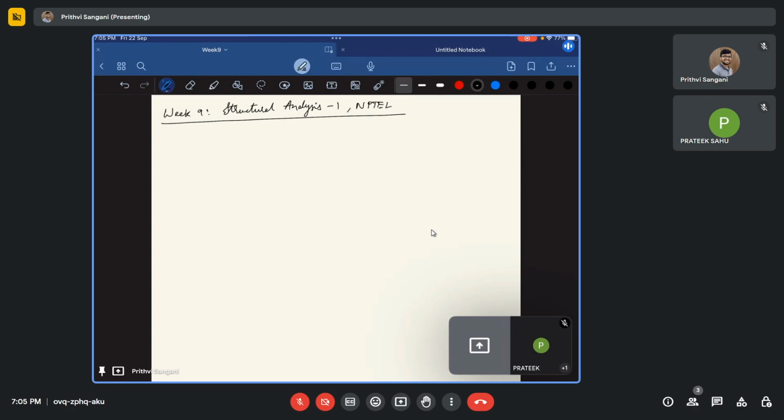So first question, let us take a beam. This is a fixed beam, which was loaded only up to L by 2, half the span. This is a 10 kilonewton per meter UDL up to half the span.